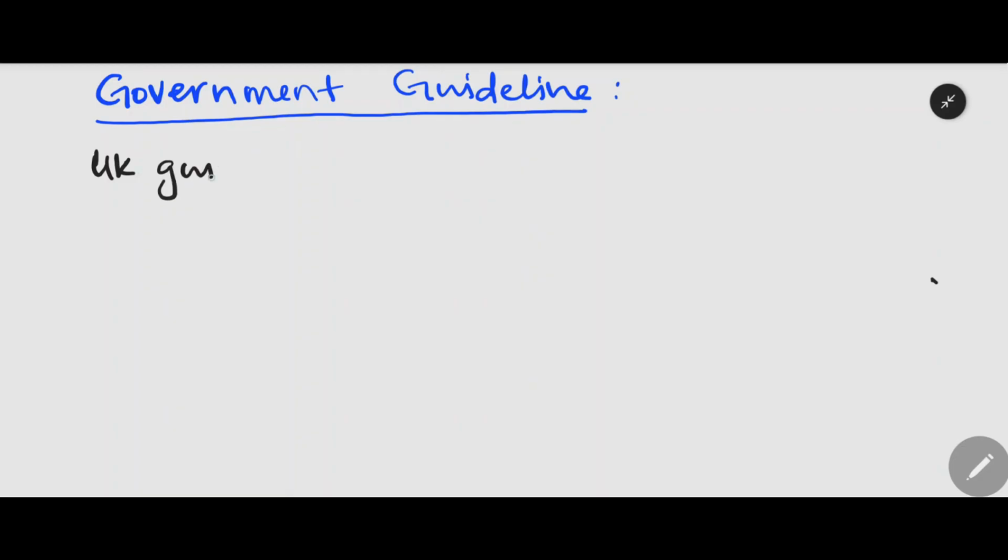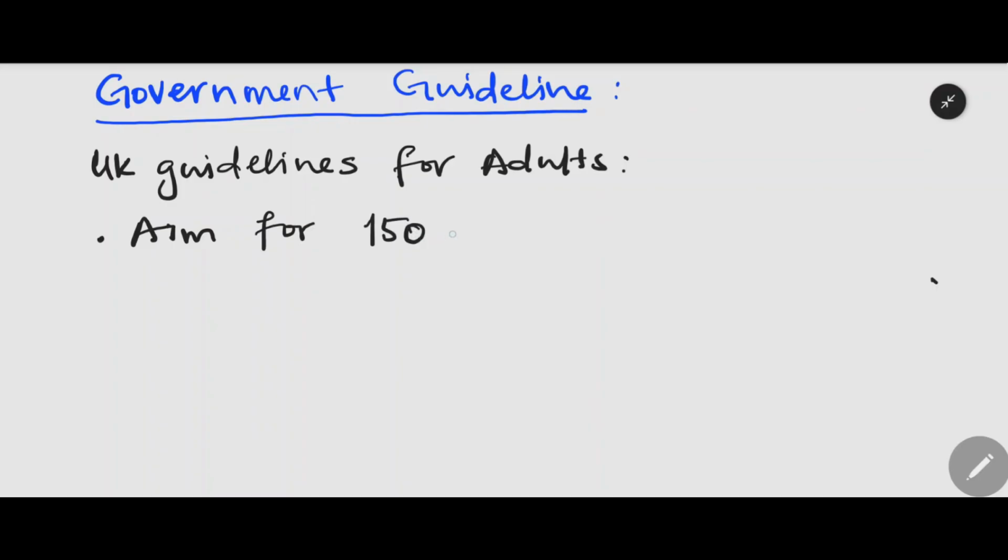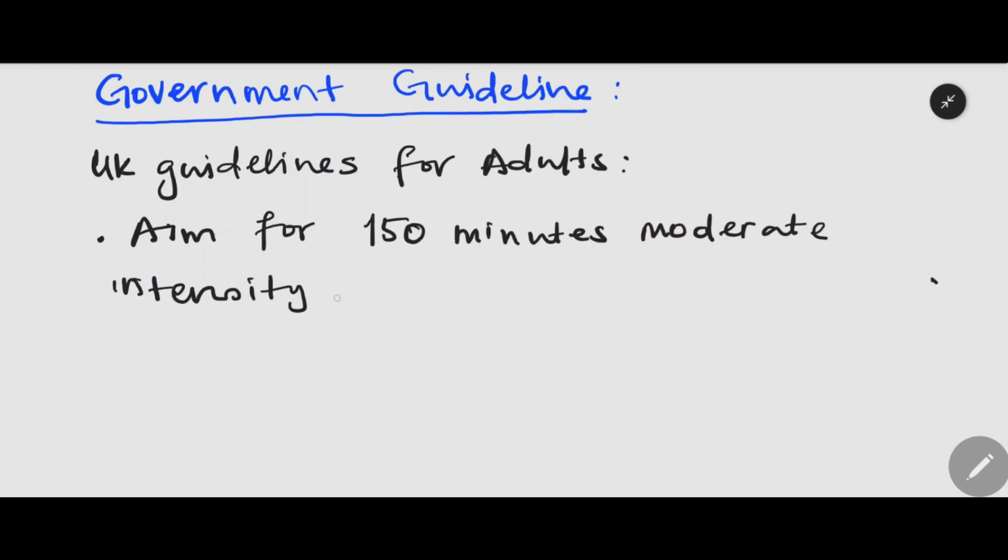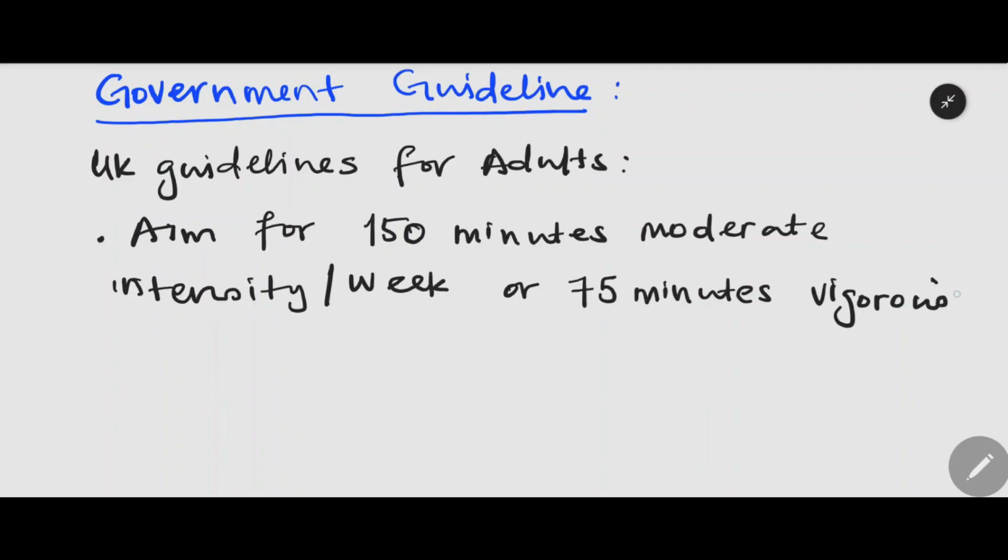And this guideline for adults states that adults should aim for 150 minutes of moderate intensity of exercise or physical activity a week, or 75 minutes of vigorous activity a week.